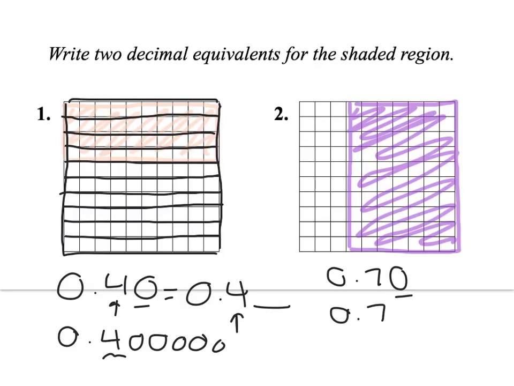We may choose to add a couple zeros, so you can put 700 thousandths if you wanted. All 3 of those numbers would be equal. Of course, the directions say write 2 decimal equivalents, so don't feel like you have to write several examples. 2 numbers is sufficient, but there are definitely an array of answers you could choose from.